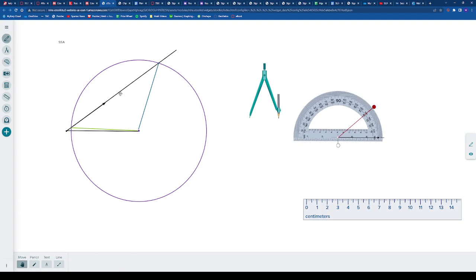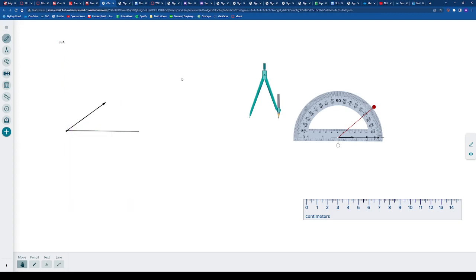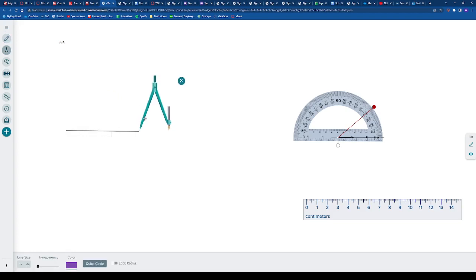So let's take a look at a different version of this. We're going to keep the same starting side, and we're going to redo the angle. So let's start from here again, and we're going to make our circle, which I'm going to make big.